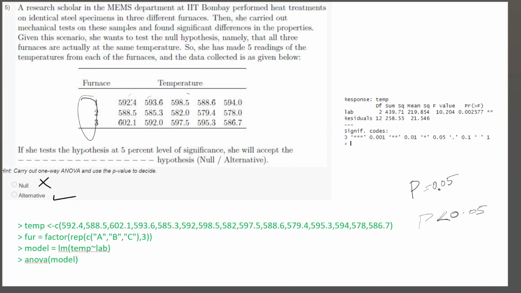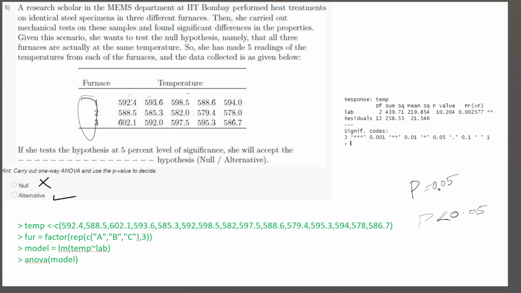Hence it will fall under the rejection region. So the null hypothesis is rejected. In other words, we can say the alternative hypothesis is valid in this case, not the null hypothesis.